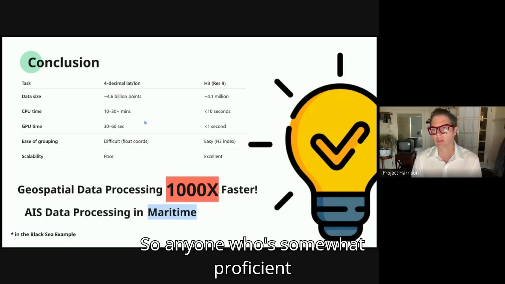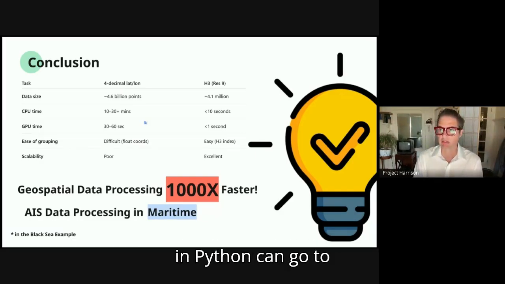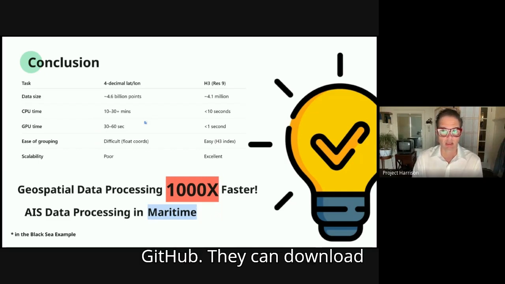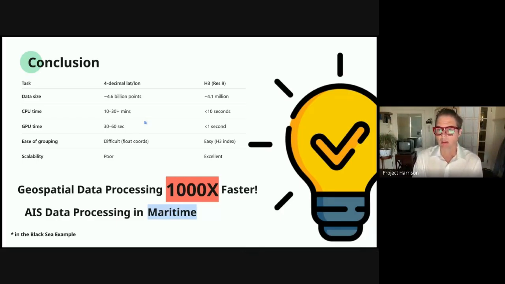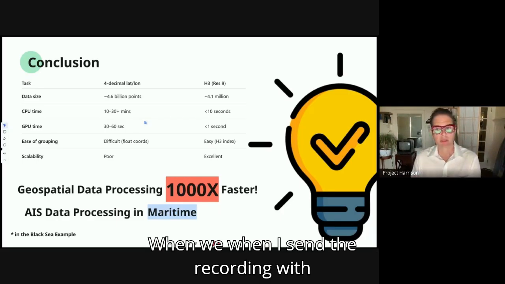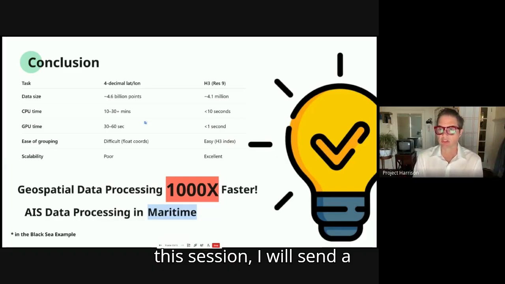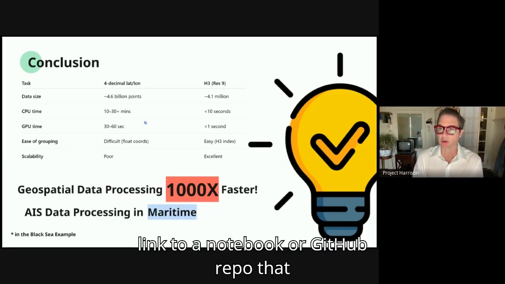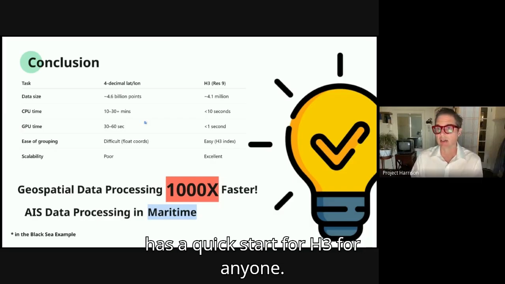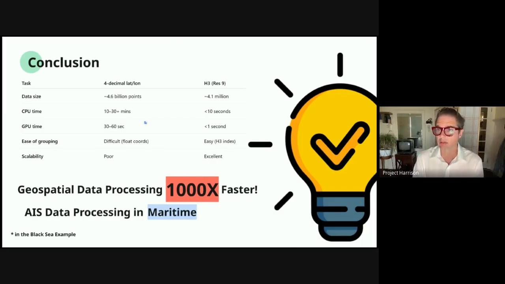So anyone who's somewhat proficient in Python can go to GitHub, download the repository and start using it. When I send the recording with this session, I will send a link to a notebook or GitHub repo that has a quick start for H3 for anyone wishing to use it.